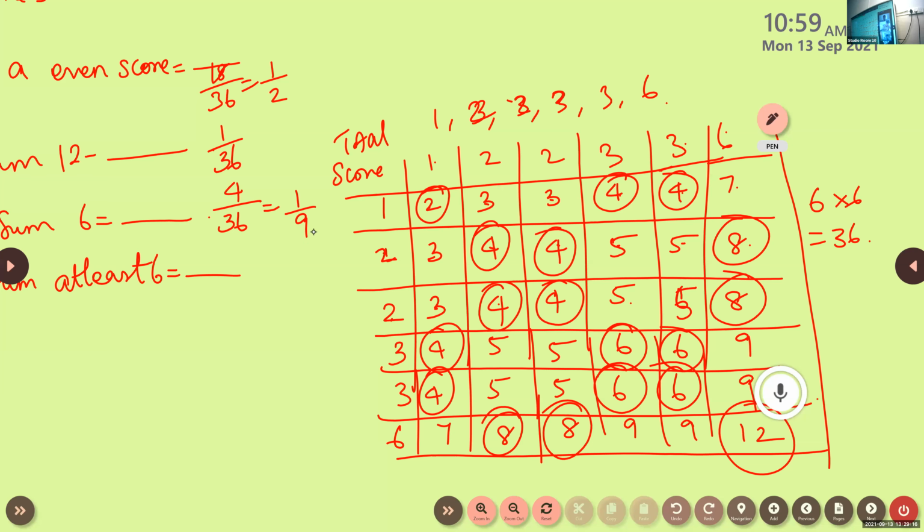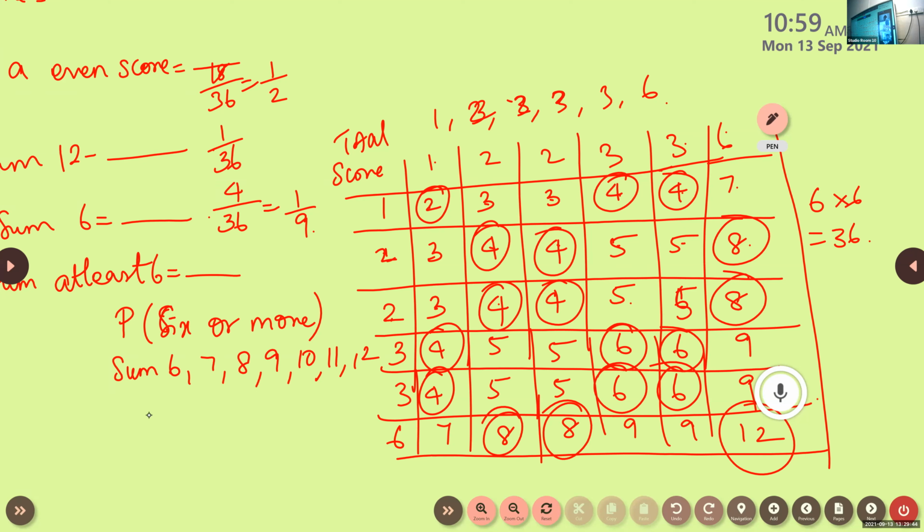Next is sum at least 6. At least 6 means the sum is 6 or more, isn't it? Sum may be 6, 7, 8, 9, 10, 11, 12.